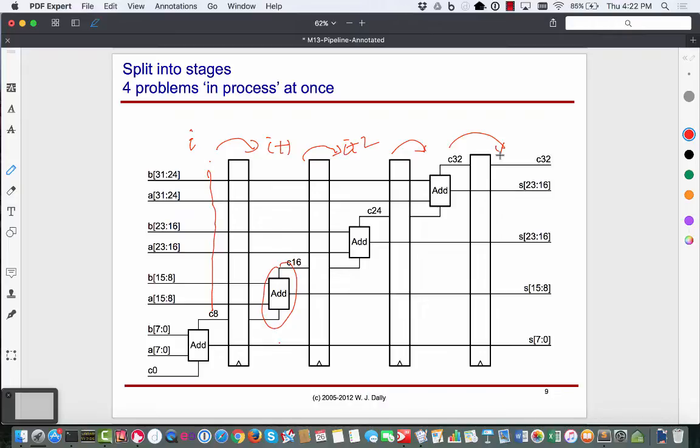The other way, obviously, would have been to have 4 32-bit adders. Here, in all likelihood, registers are going to be cheaper than your adders, and therefore you come out ahead. So this is pipelining at work in a very simple example.